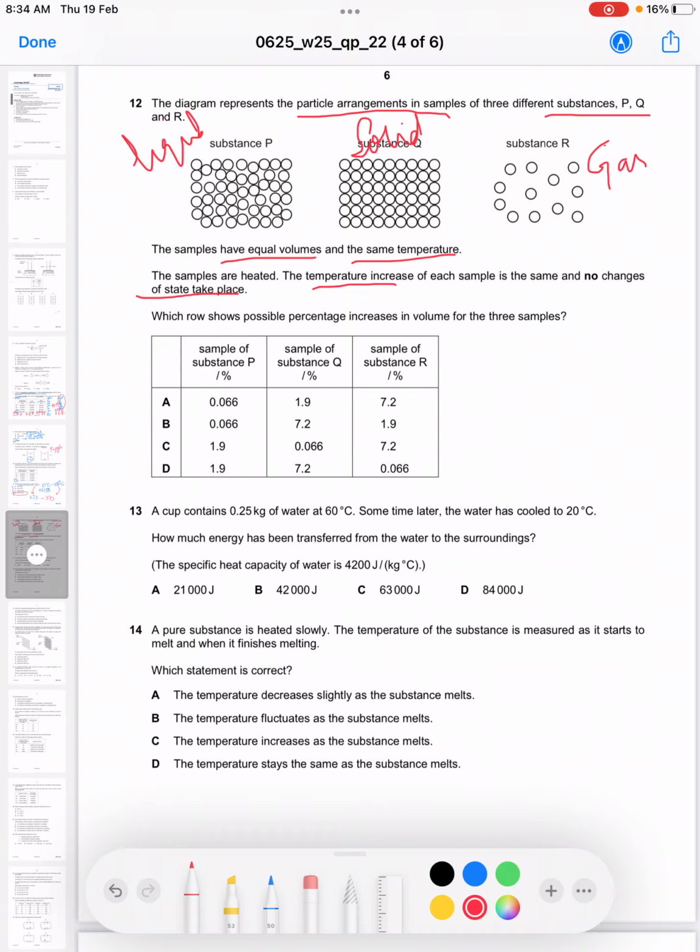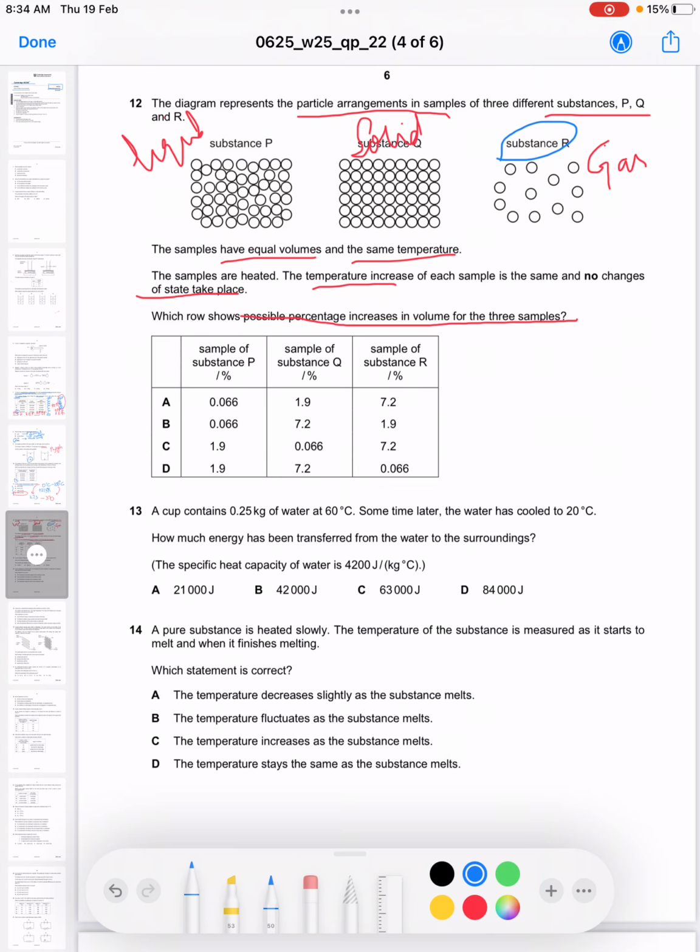Okay, which row shows the possible percentage increase in volume for the three samples? Students, we can see that the greatest percentage of volume increase is in the one with the loosely packed particles, right?